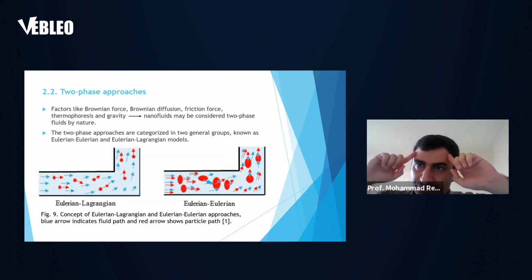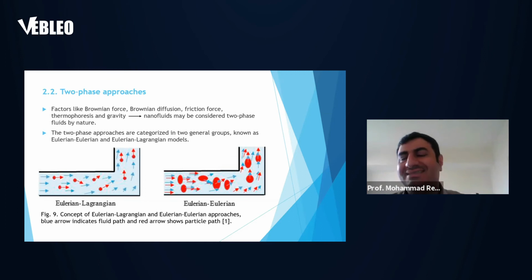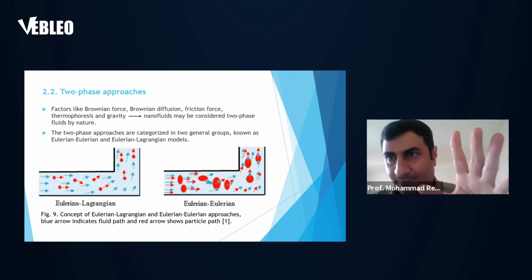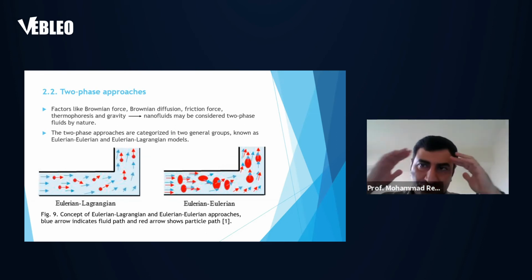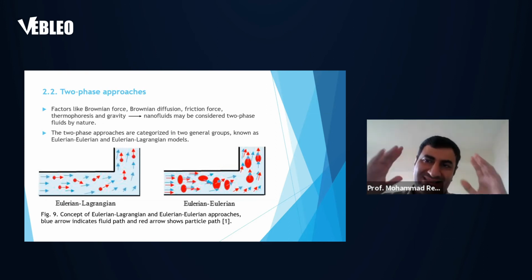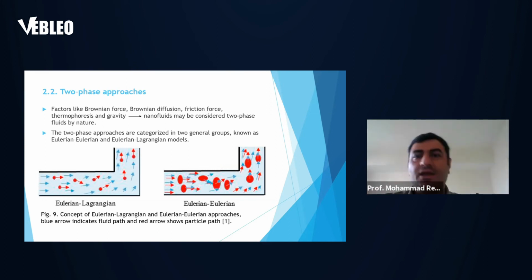This is one point of view. The other point of view is that you have fluid and you have particles. The fluid is a continuum, it flows, and for example, you inject the particles inside it. This is the other view. So it depends on you, how you want to see these two. Based on what you think, what your point of view is, we have two different approaches.